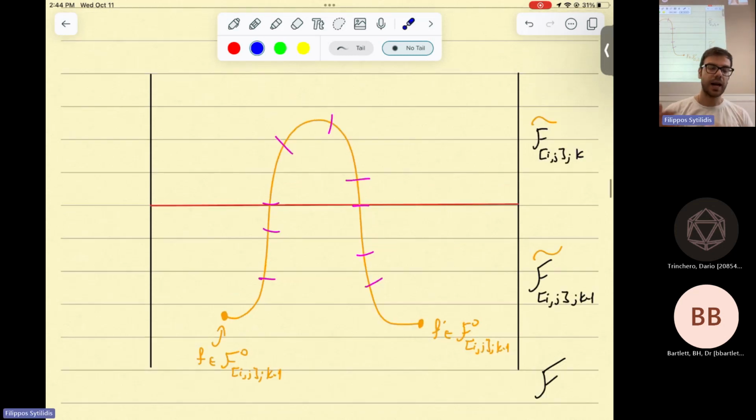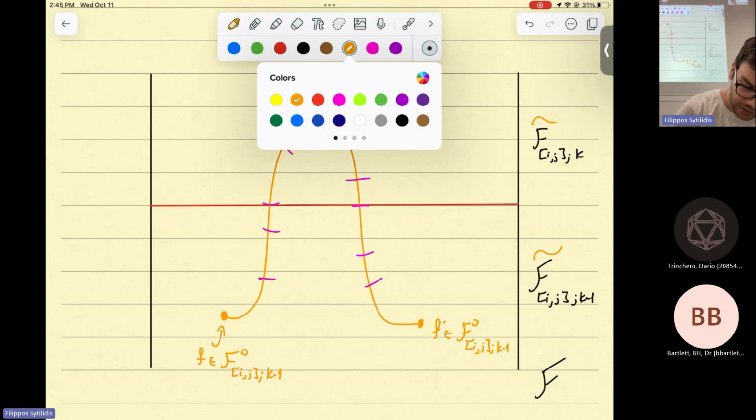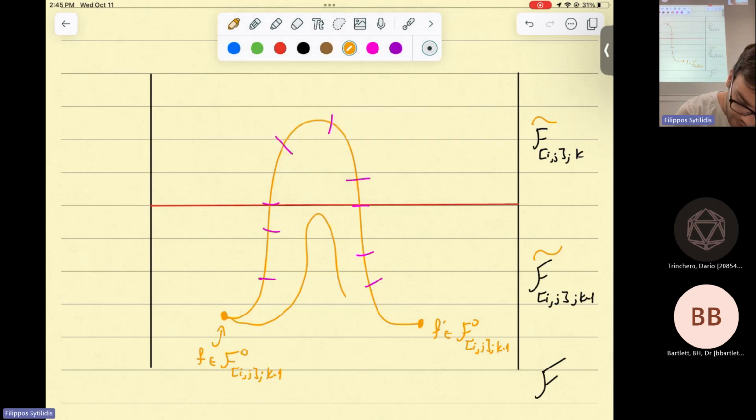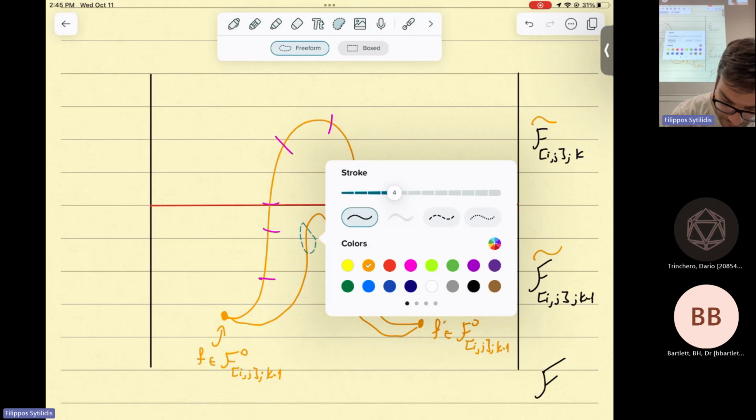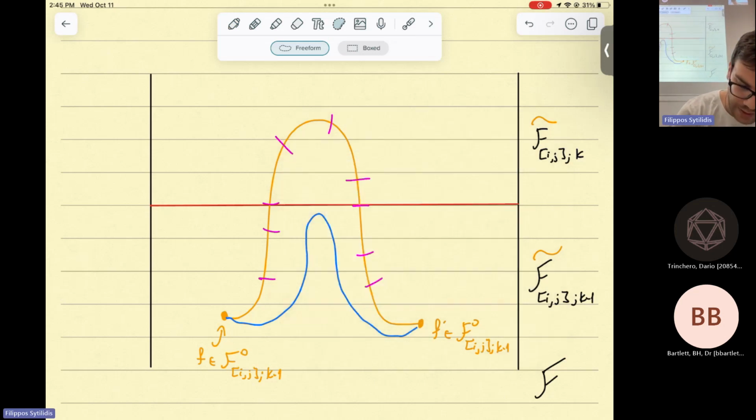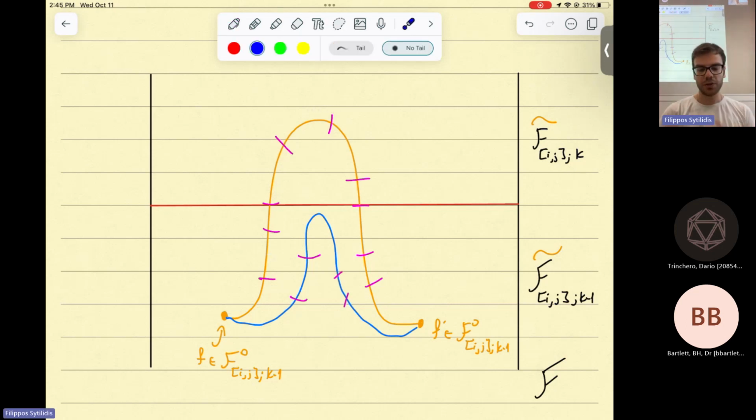And what the lemma says is that under the hypothesis that we're working on, like V being simply connected and of dimension n greater than or equal to 6, any such path is going to be homotopic rel boundary to a path which, let me use a different color for, yeah, any such orange path will be homotopic rel boundary to a blue path.